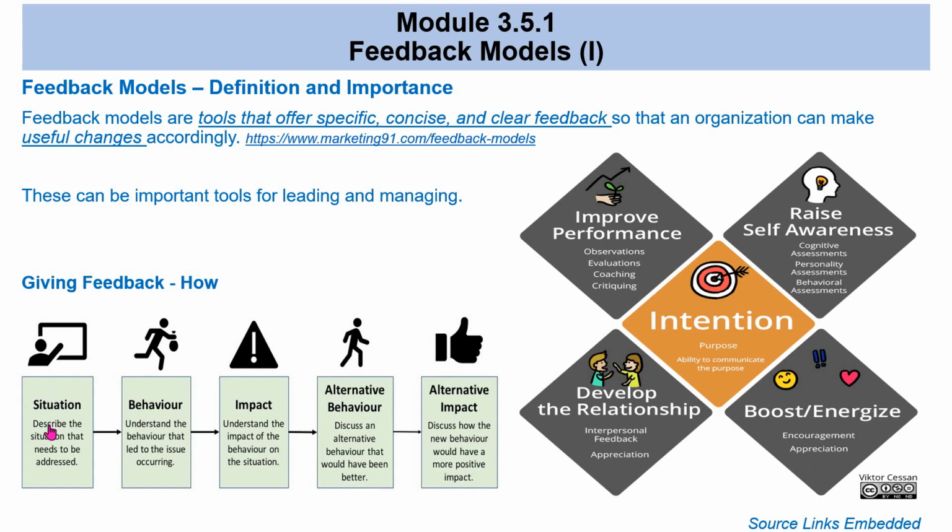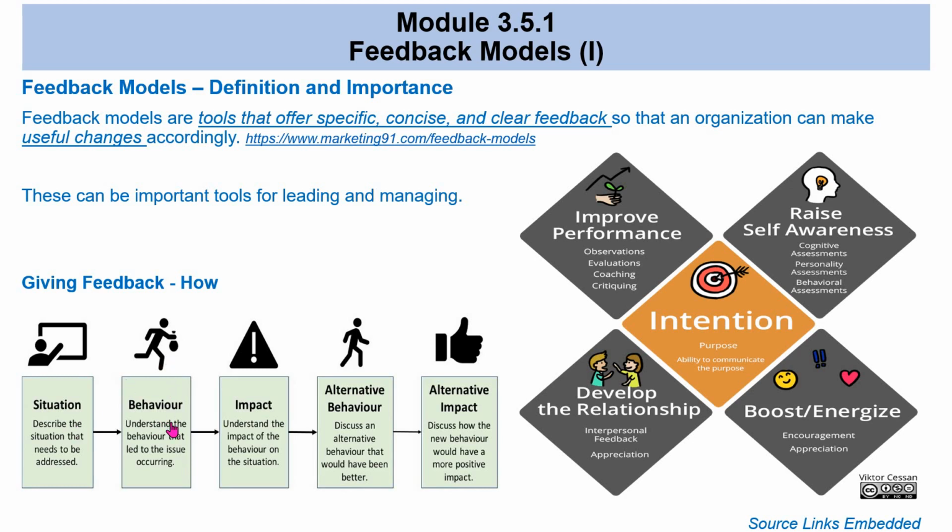And to do that, first you understand the situation. That's why we talked about situational leadership. Understand the situation, describe it so that you know what you need to address. So when you're giving feedback in order to help a situation or someone, first of all, you and that person need to both come to terms with the situation.